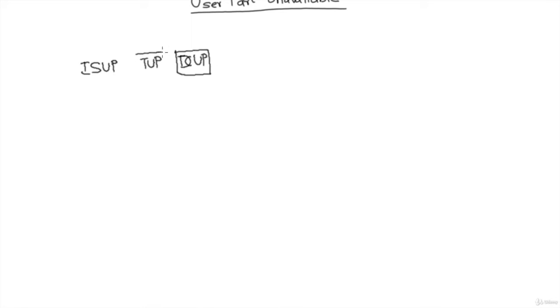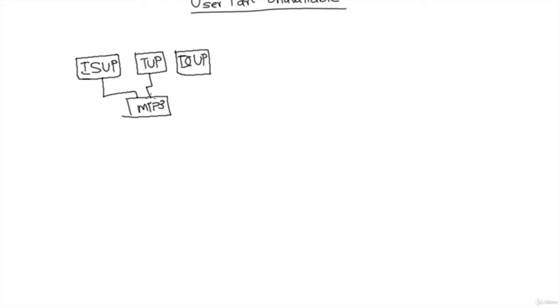Okay, so layers above MTP3 are called user parts, and they use the APIs exposed by MTP3 or functionalities provided by MTP3 layers.